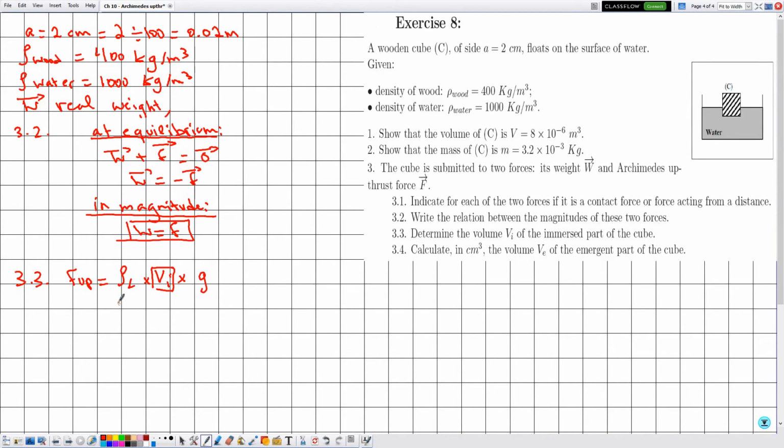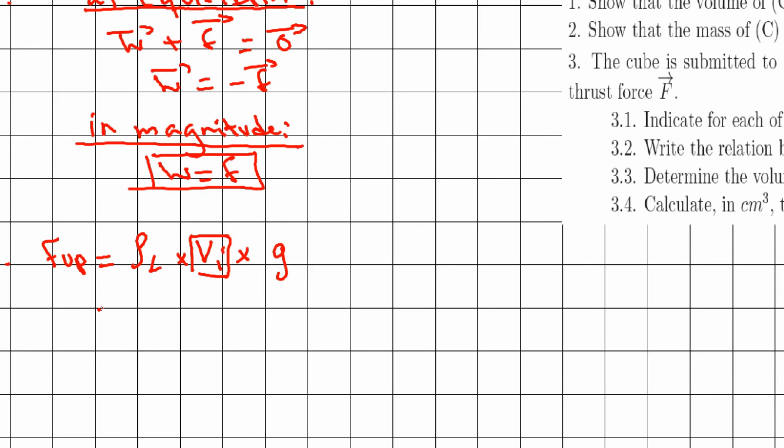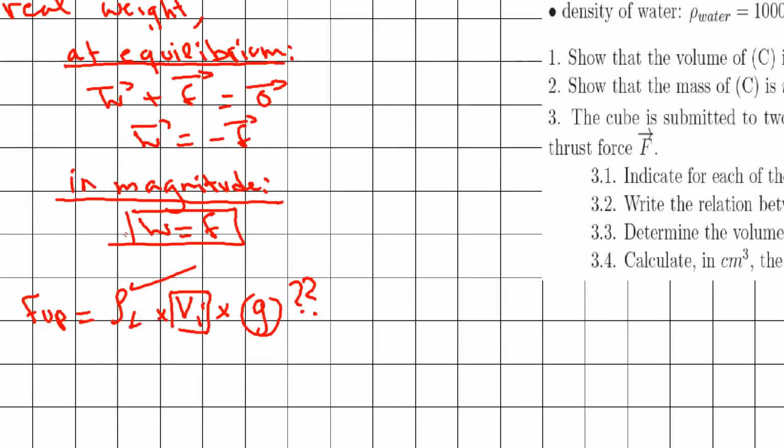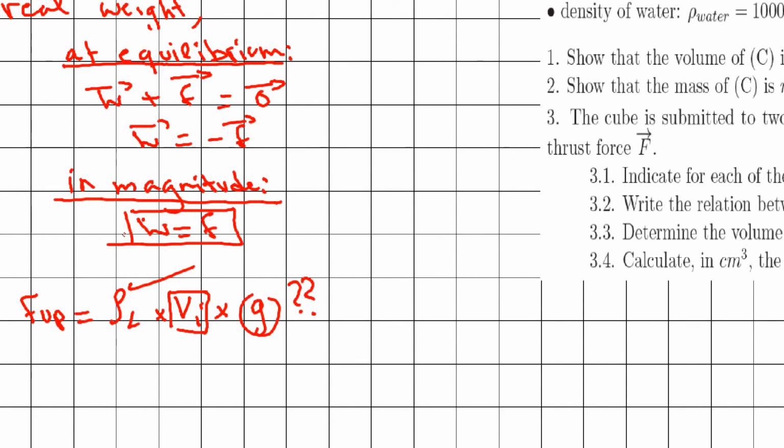We have the density of water to be 1000, so the liquid is water, so we know the density of the liquid, done. However, in this case, we don't know the value of G. So we don't know in which planet we are performing this experiment. Moreover, the value of F upthrust for sure can be determined from this relation if we know the value of W, sorry.